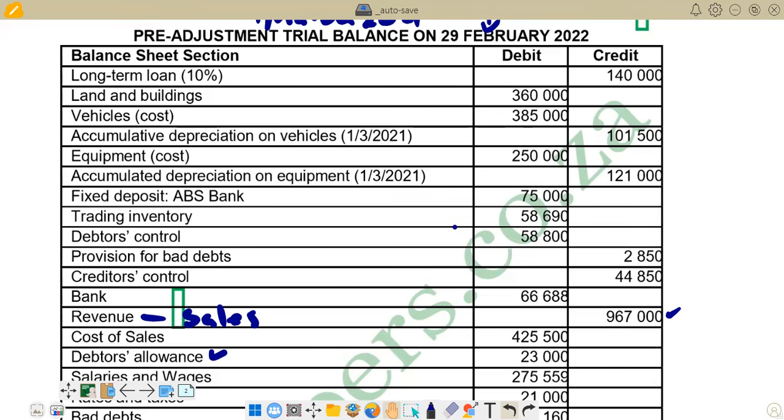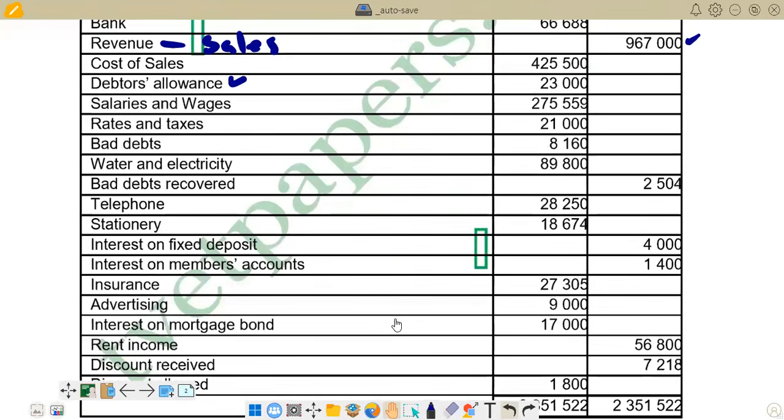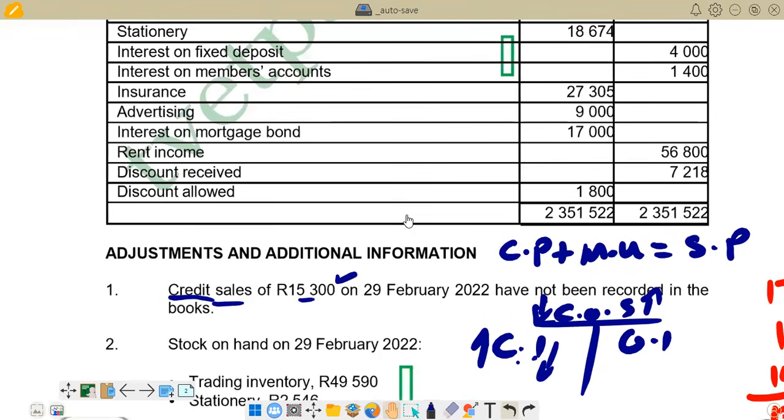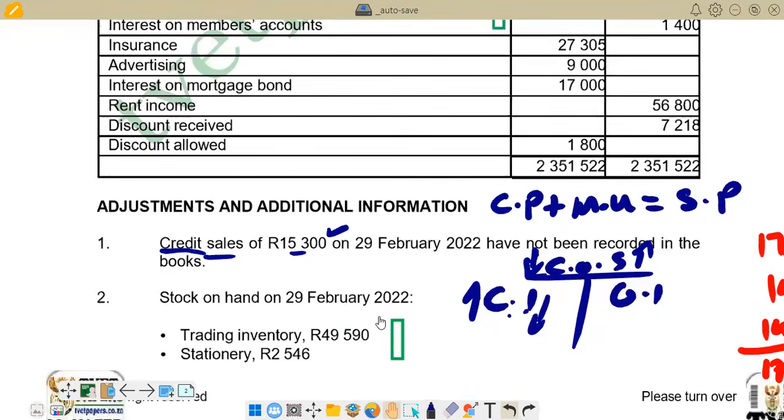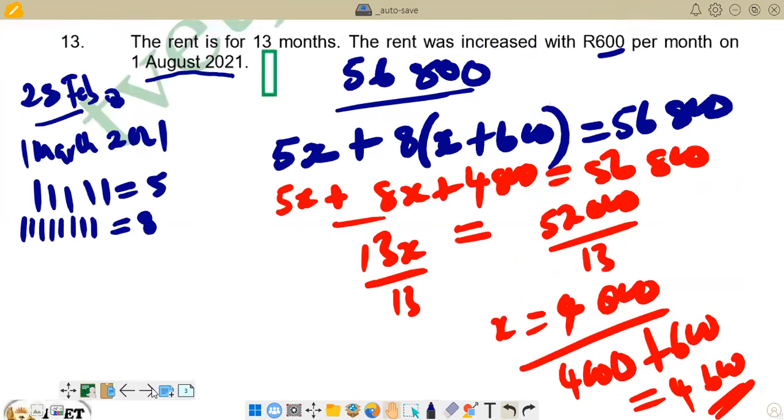So we go down to check the instruction in terms of calculation. Okay, let's try to see what they are saying about that provision.